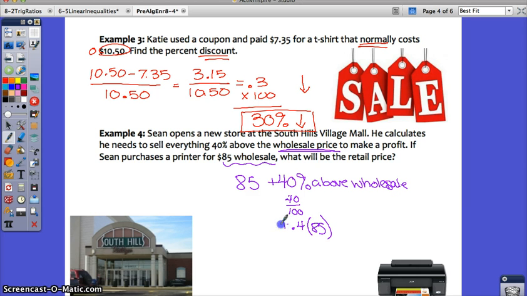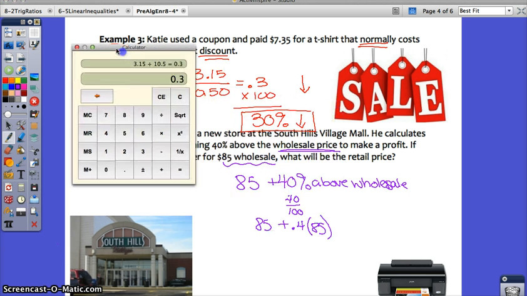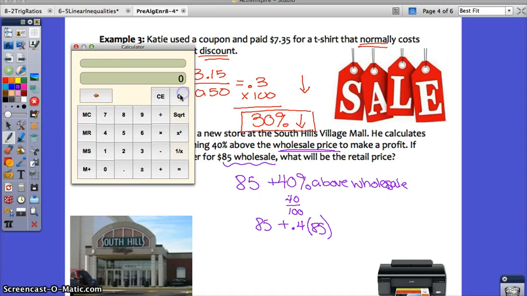You're going to add that 40% to what it cost him. So let's find this. What's 0.4 times 85? Well, that means he's going to add on $34 to the cost of the printer just so he can make a profit. So how much is the printer going to cost?